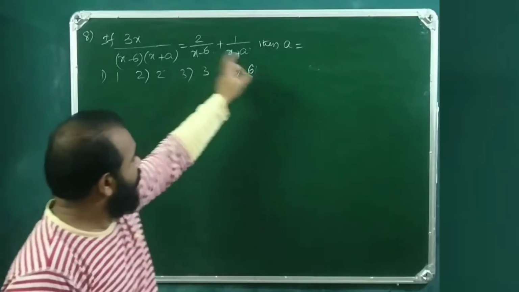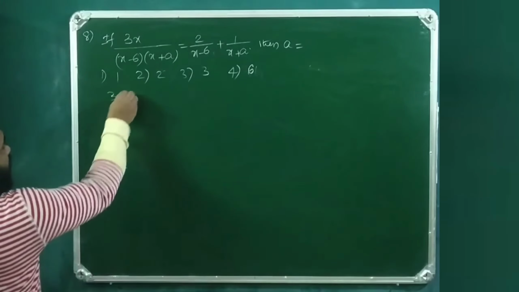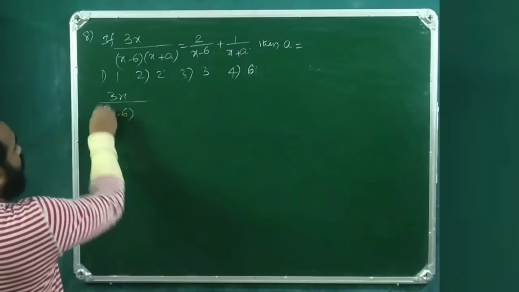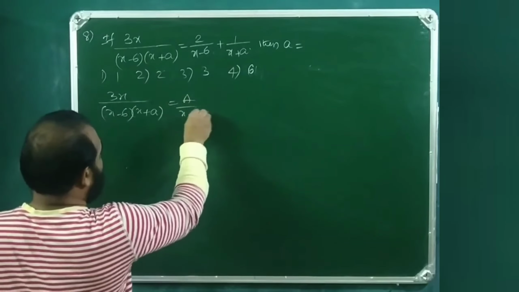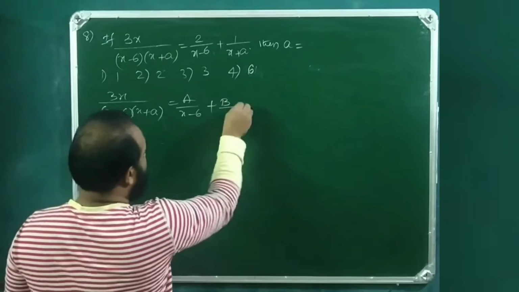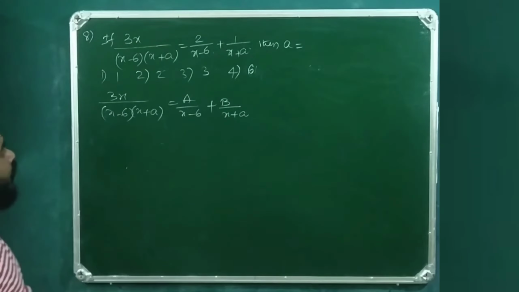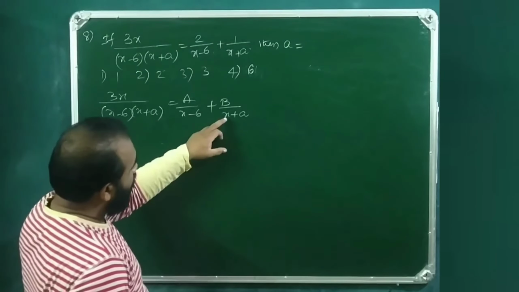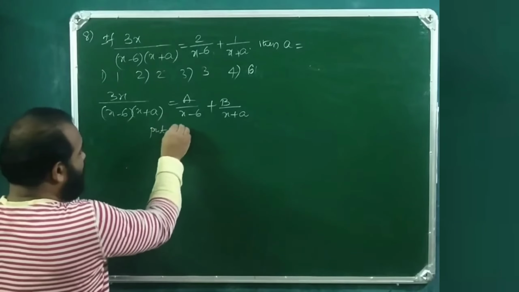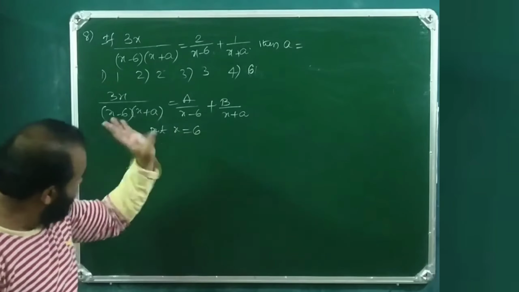Plus a is this, then a is equals to. So as usual, 3x by x minus 6 into x plus a is equals to a by x minus 6 plus b by x plus a. So put x is equals to 6, x minus 6 equals to 0, x equals to 6.